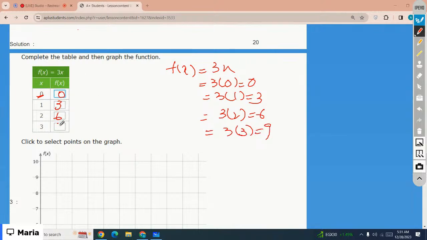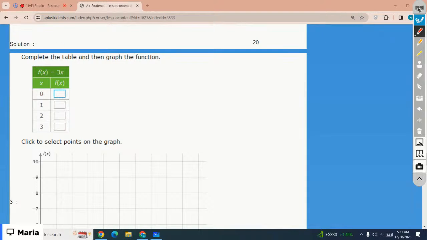So now you have the table of values: 0, 0, 1, 3, 2, 6 and 3, 9. Now let's plot these values on the graph.